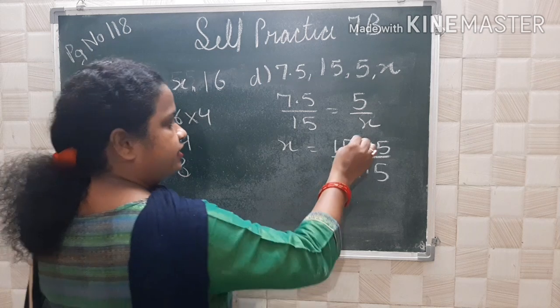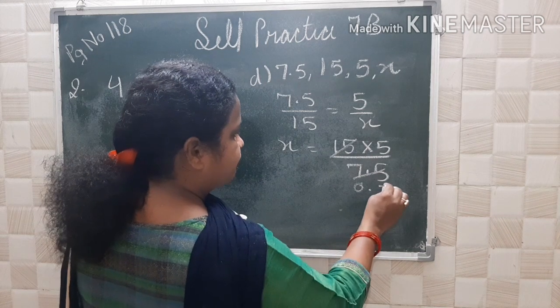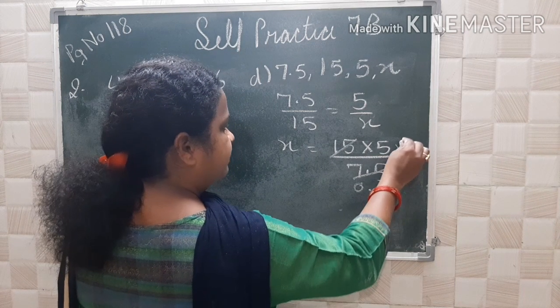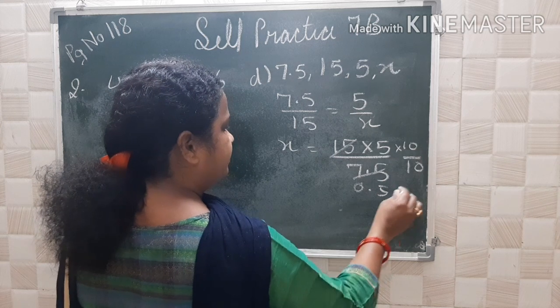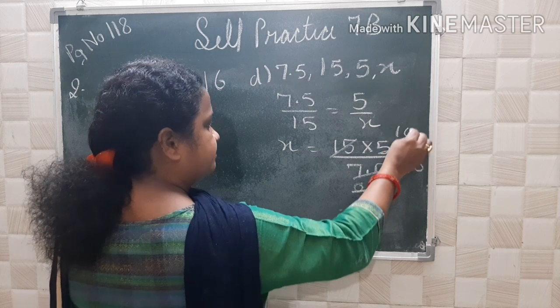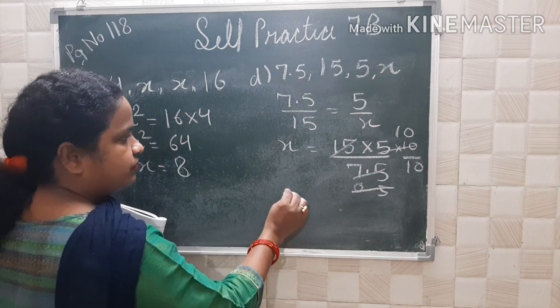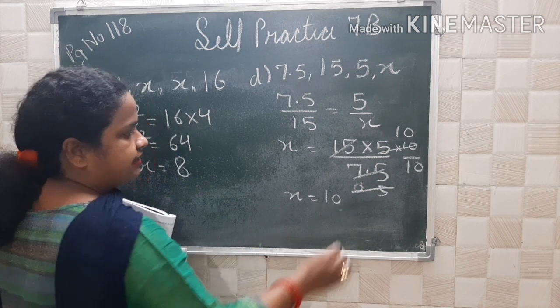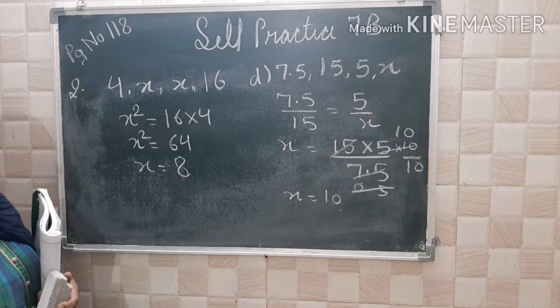Correct? 7.5, you multiply by 10 in numerator and denominator. So 5 tens are 50. Okay? So you will have x is equal to 10. Correct?